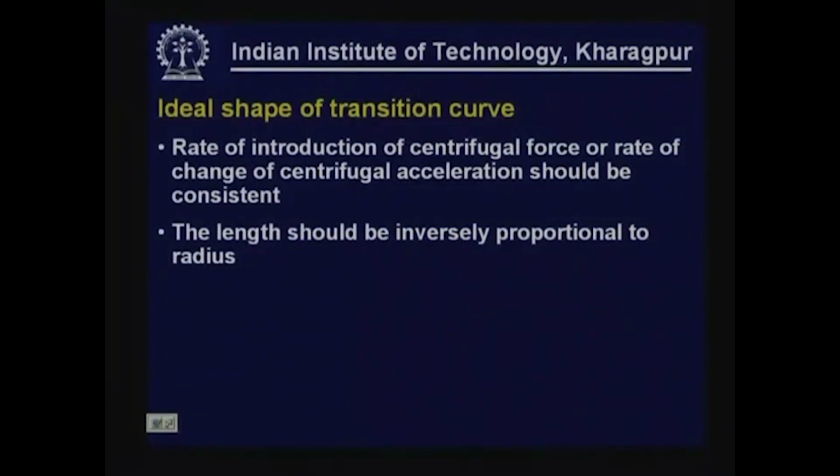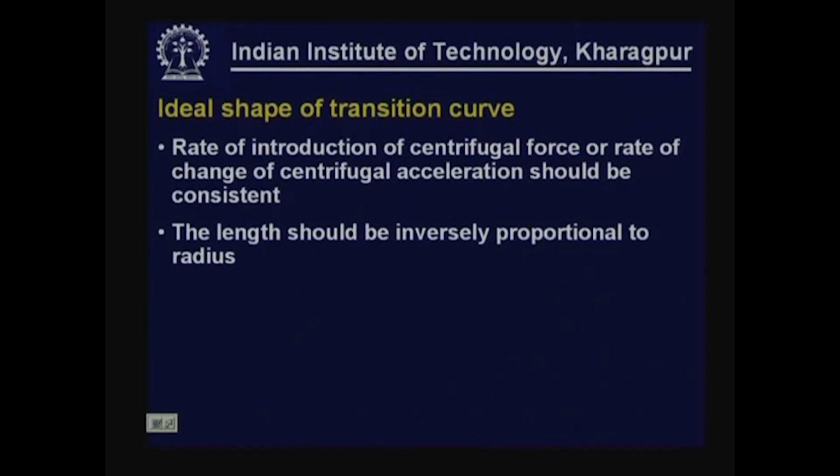Now, the ideal shape of a transition curve should be such that the rate of introduction of centrifugal force, or in other words the rate of change of centrifugal acceleration, should be consistent.